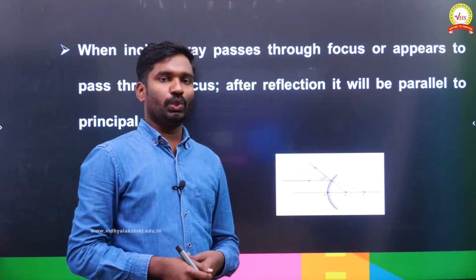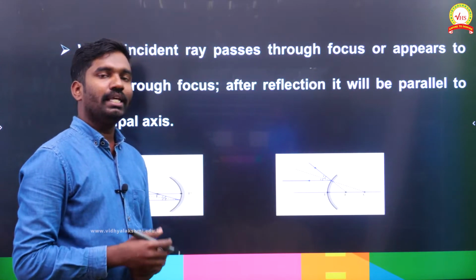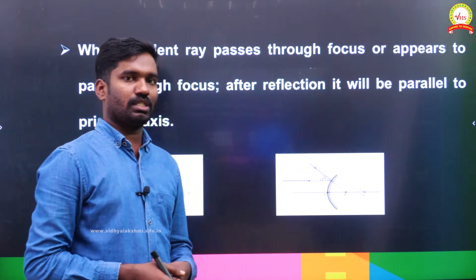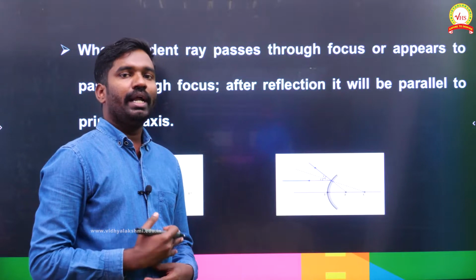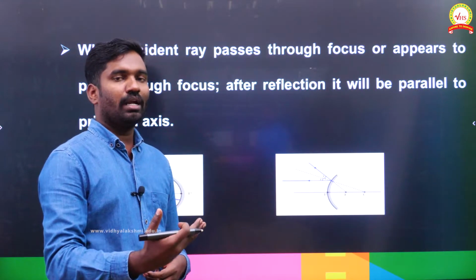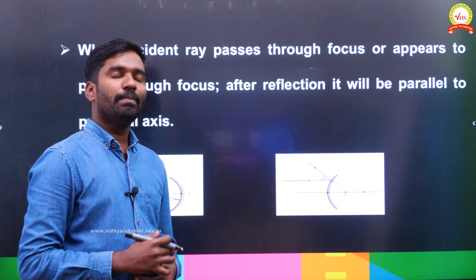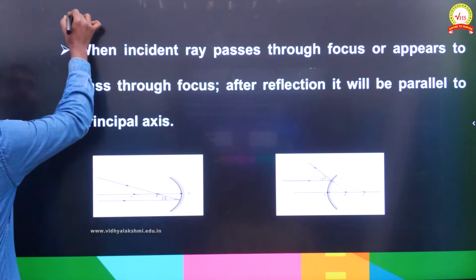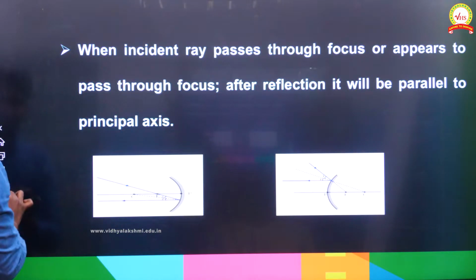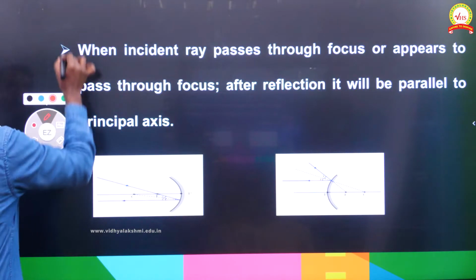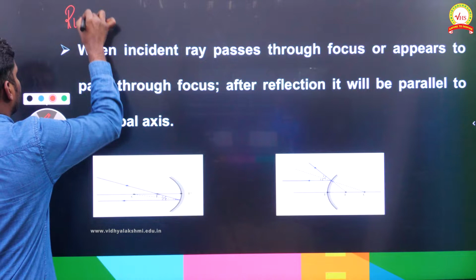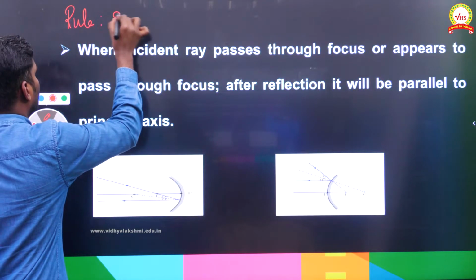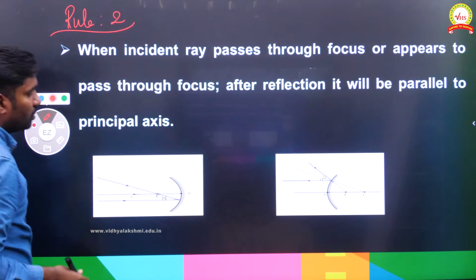So what is rule 2? Whenever the incident ray is passing through the focus, after reflection what will happen? It will pass parallel to the principal axis, or it will appear to pass parallel to the principal axis. So this is going to be our rule number 2. So what does rule 2 state?